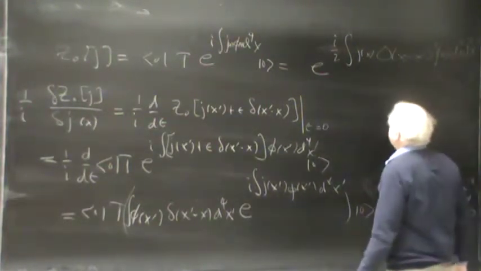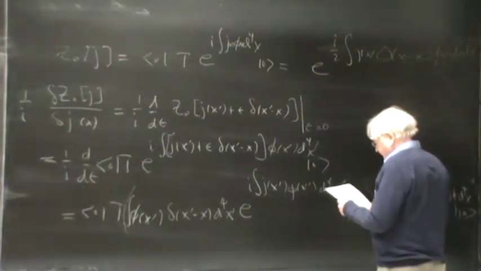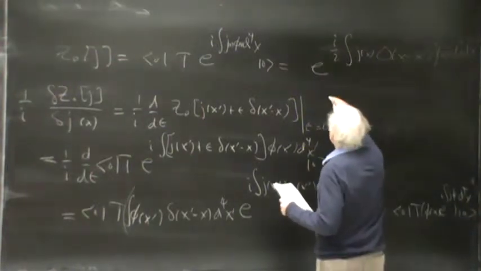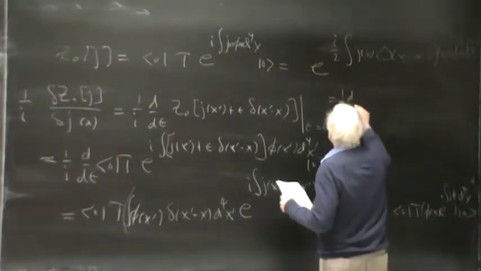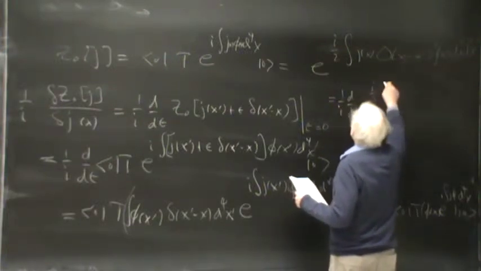The right-hand side is a little bit trickier, because it is 1 over i d by d epsilon of e to the i over 2.